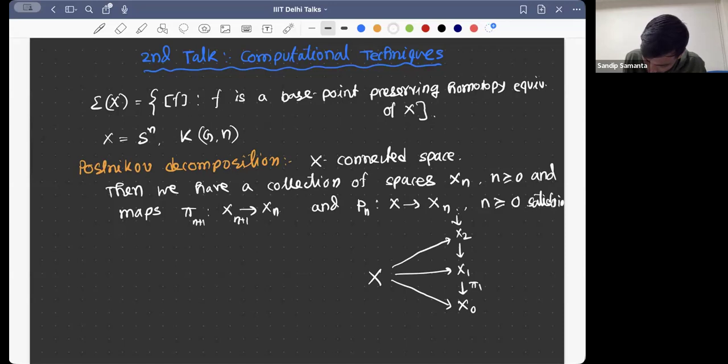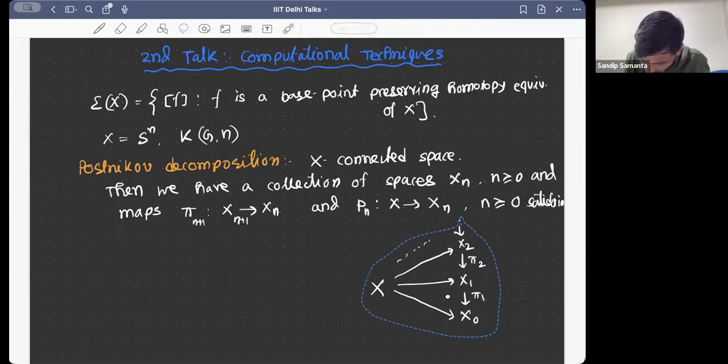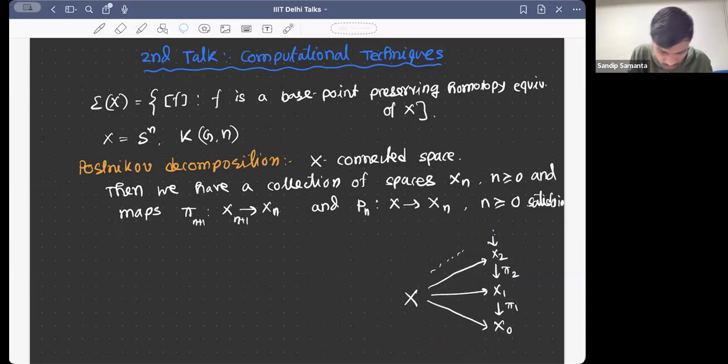These are q_1, q_2 and so on. So this first of all satisfies the thing that these q_n maps are principal fibrations.